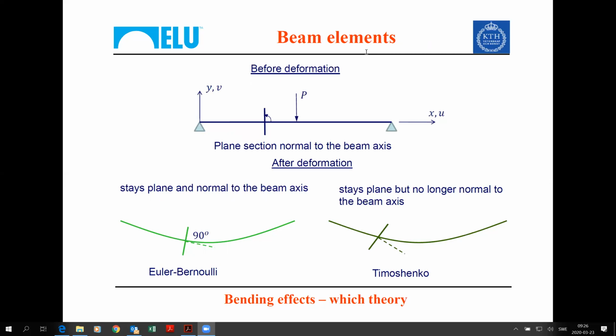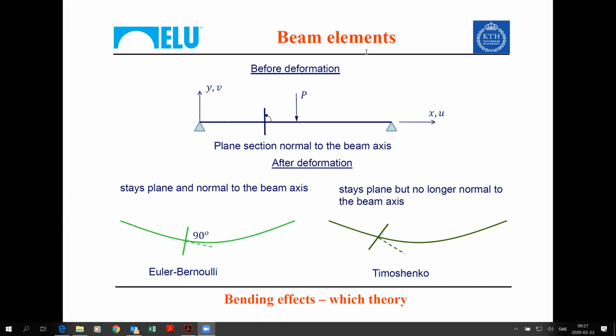So the cross section of the beam does not deform. However, this undeformed plane section can remain normal to the beam axis after deformation.